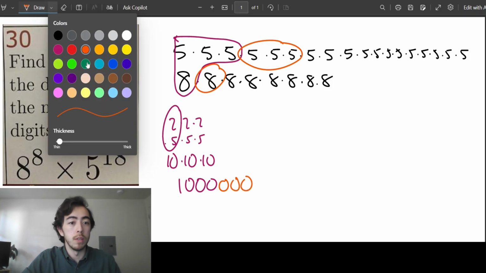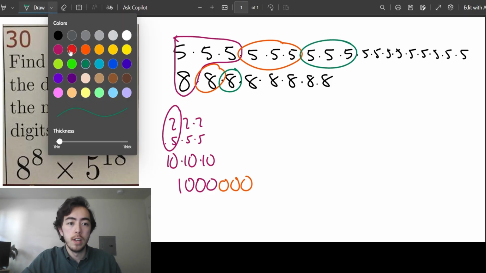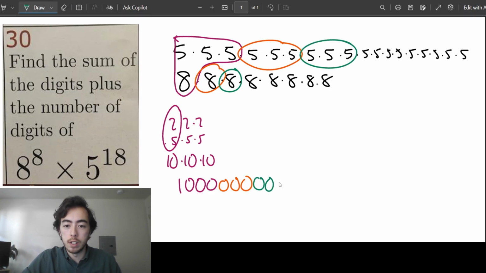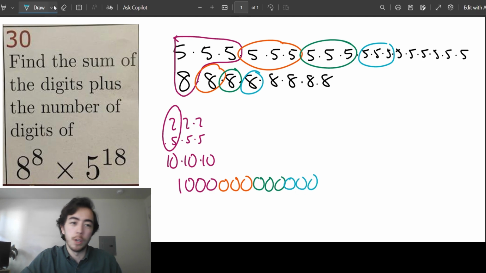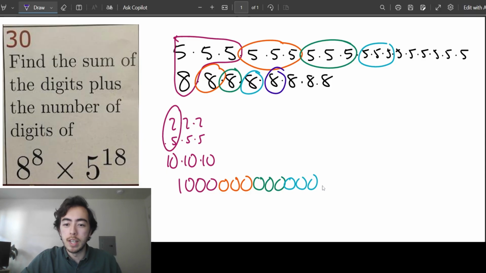Currently, we have 1 million. So another 8, another 5, we have another 1,000. Let's put on 3 more zeros. And I'm just going to do this the easy way and color code it and go 3 by 3, I suppose. I know I could try to extrapolate on this pattern and really quickly go through the zeros.